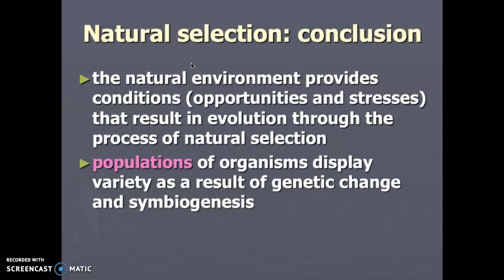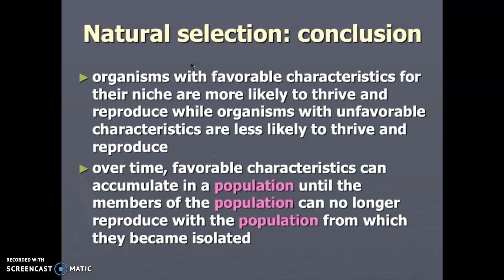So the conclusion of all of this is that the natural environment provides conditions that result in evolution through the process of natural selection. Populations of organisms display variety as a result of genetic change, and organisms with favorable characteristics for their ecological niche are more likely to thrive and reproduce, while organisms with unfavorable characteristics are less likely to thrive and reproduce.